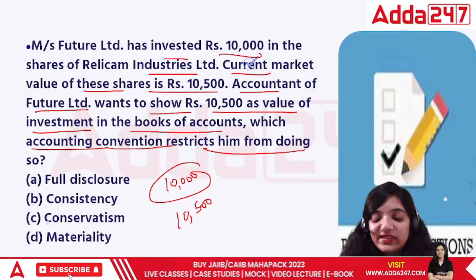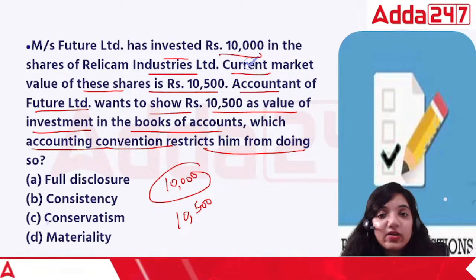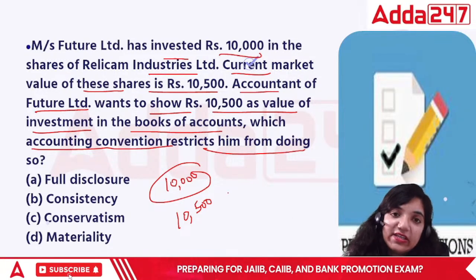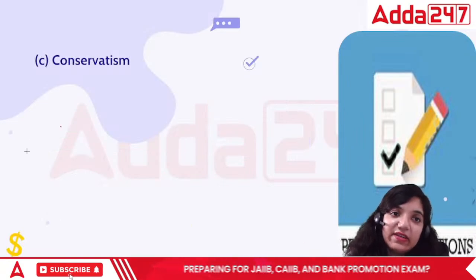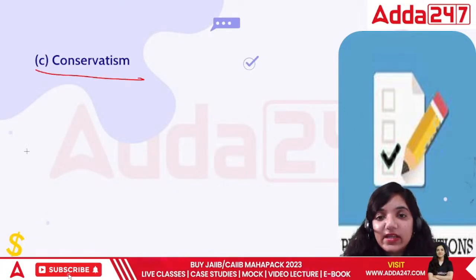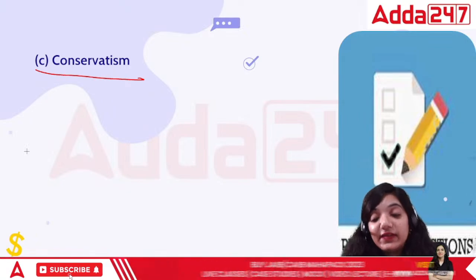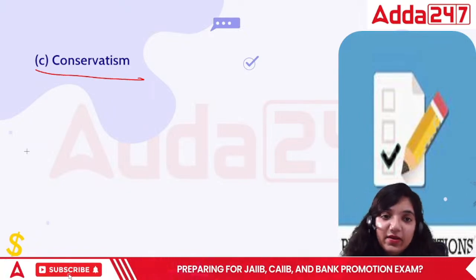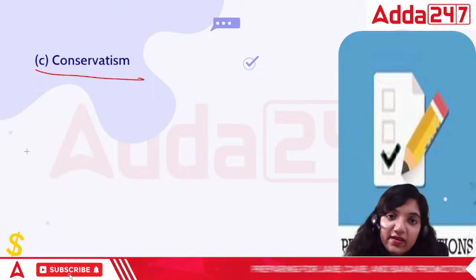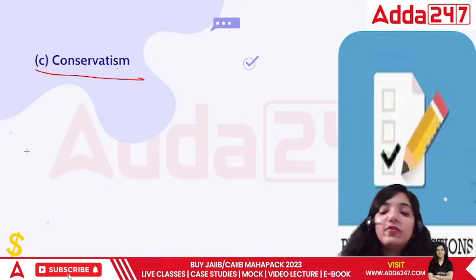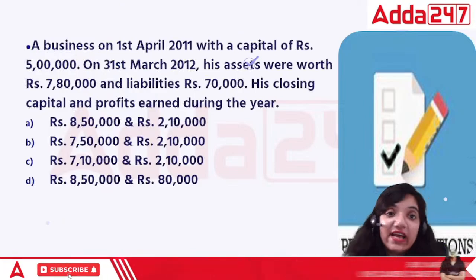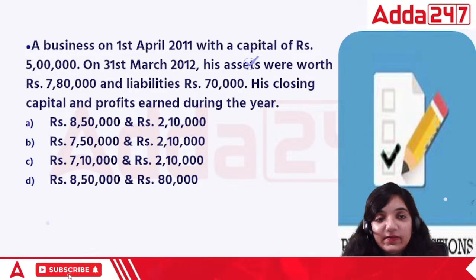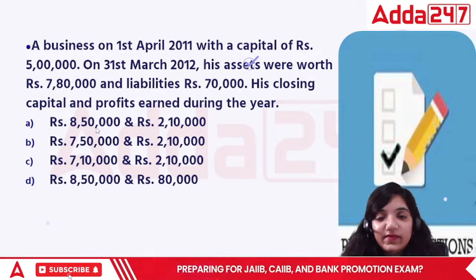Till the time I don't sell this particular thing, I should not record it in the books of accounts. So technically the correct answer is conservatism. That means record the losses or profits as and when they happen, not before, not after. So you should look forward to preparing for the losses as early as possible. Done?